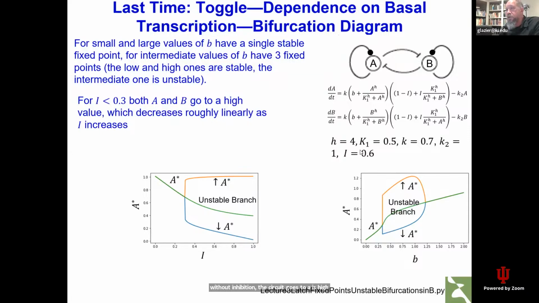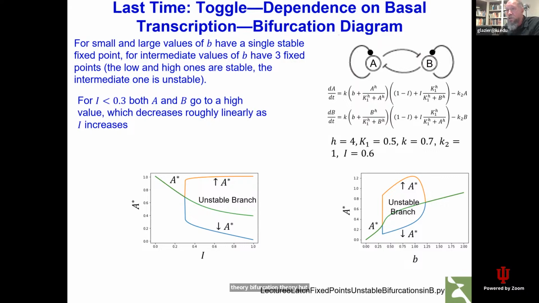If I reduce the value of B, I could get it to be low, regardless of initial condition, or bistable. And then as I increase the strength of the inhibitory coupling, I split into a high branch and a low branch of A.